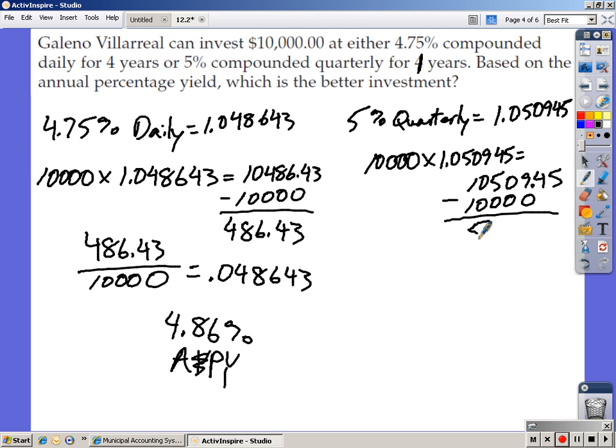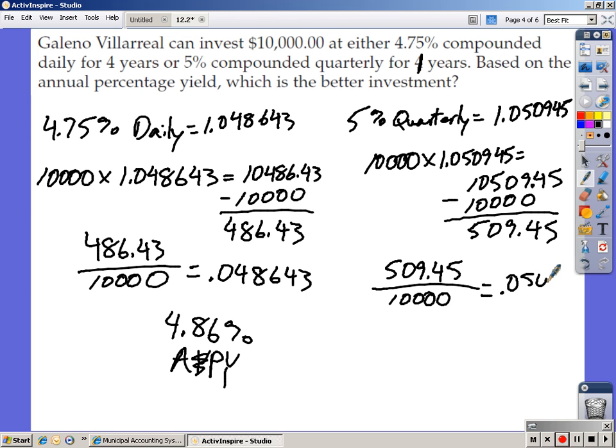It's 509.45. Take 509.45 divided by the original 10,000. You get 0.050945, which is exactly what I said, which means your rate is 5.095% APY.